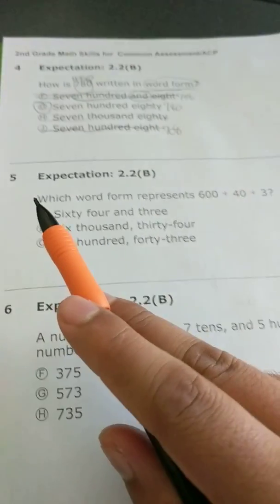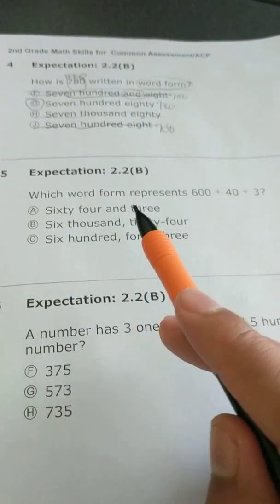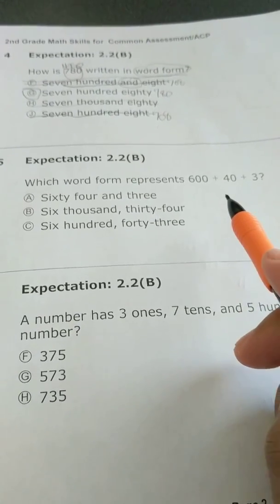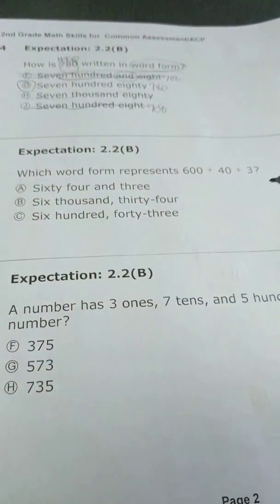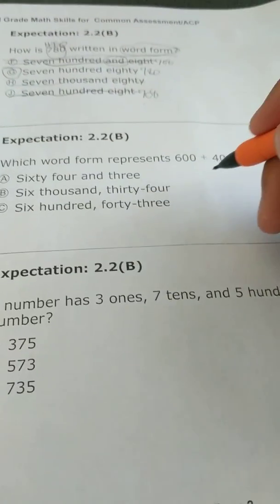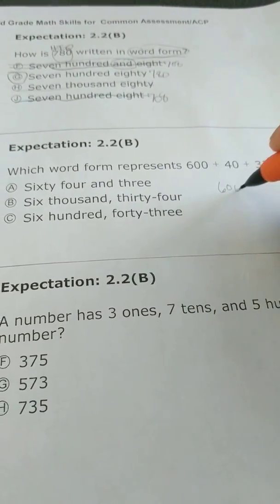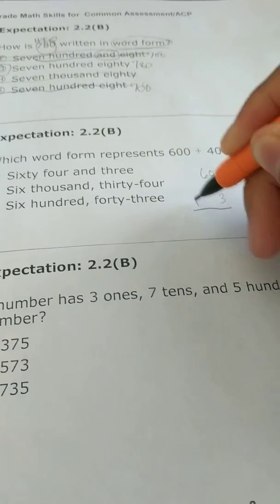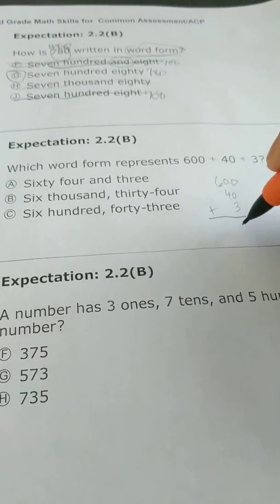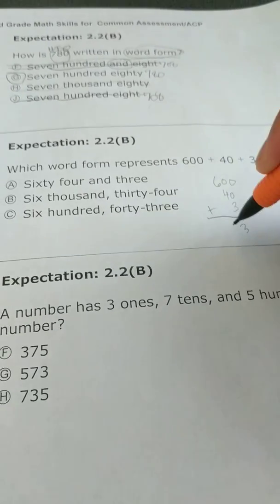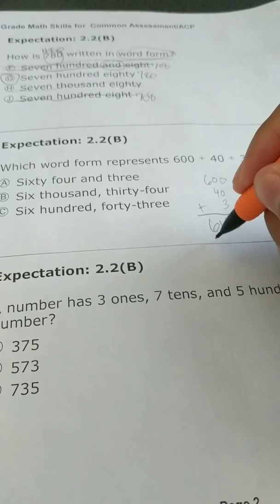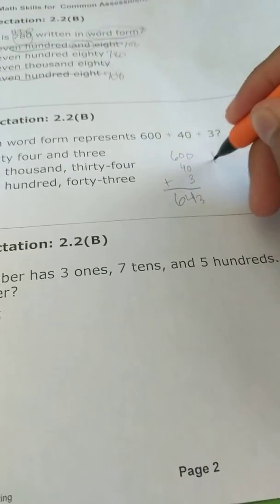Number 5. Which word form represents 600 plus 40 plus 3? So, most of the time, we could just add this real quick to help us out. 3 plus 0, 3. 4 plus 0, 4. 6. Good. And we'll do our place value chart.